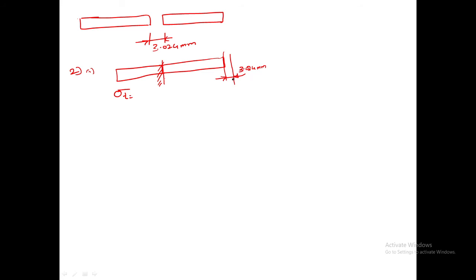Okay, 3.024 mm. So now if you restrict this to 3.024 mm, you are going to get the stress here. Now how are we going to get the stress? Sigma T equal to alpha delta T E. Okay. Alpha delta T E.